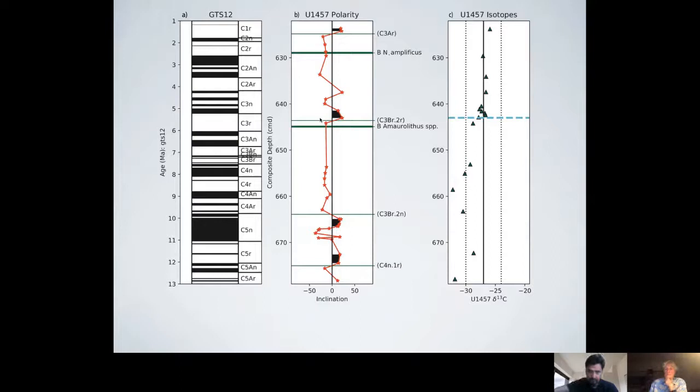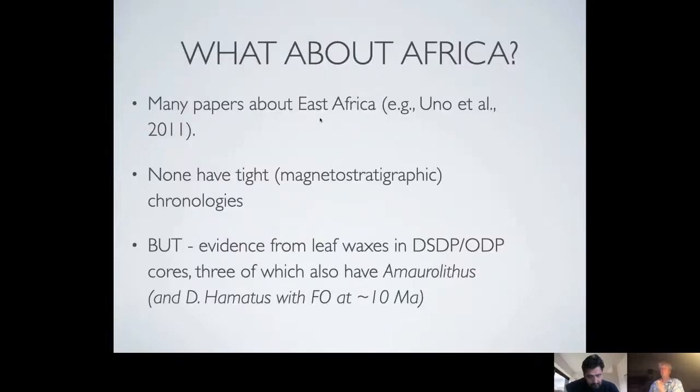Great. So now let's go look around. What about Africa? There were many papers from East Africa. None of them have tight magnetostratigraphic chronologies, very sad.